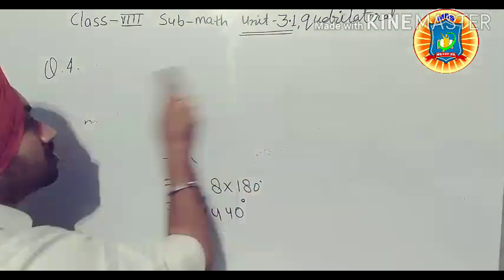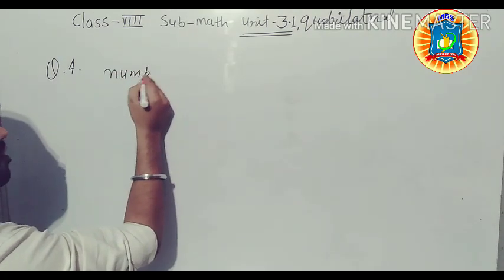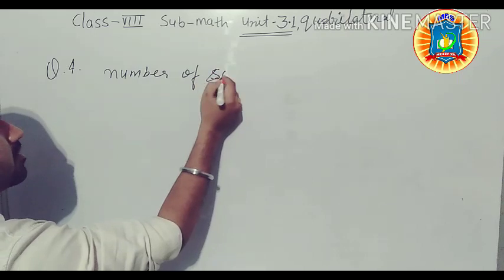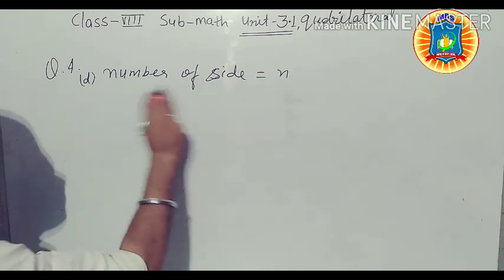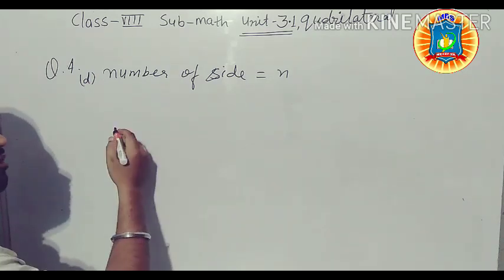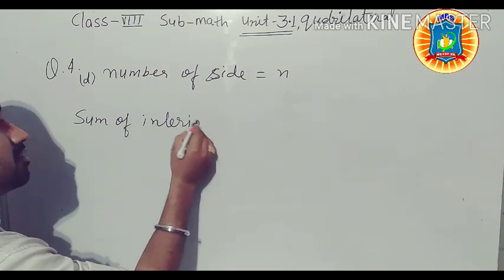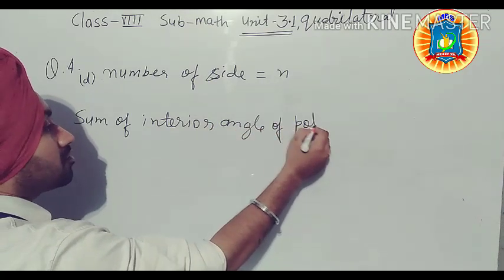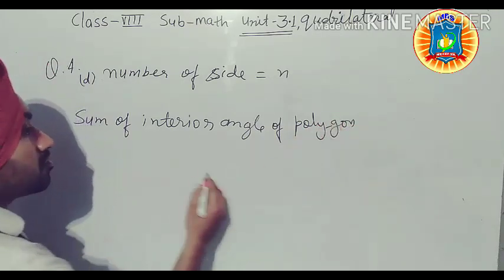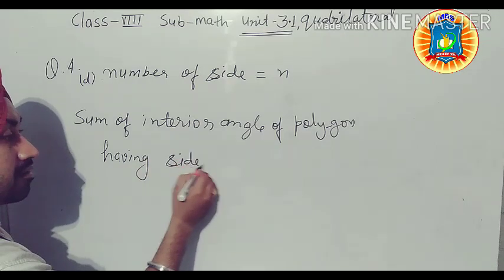The next question is the D part of the 4th question. Here the number of sides is equal to n. So very simple, we want to find the sum of interior angles of a polygon having n sides.